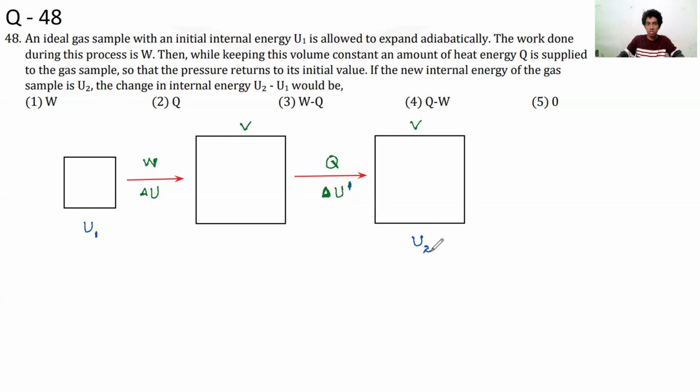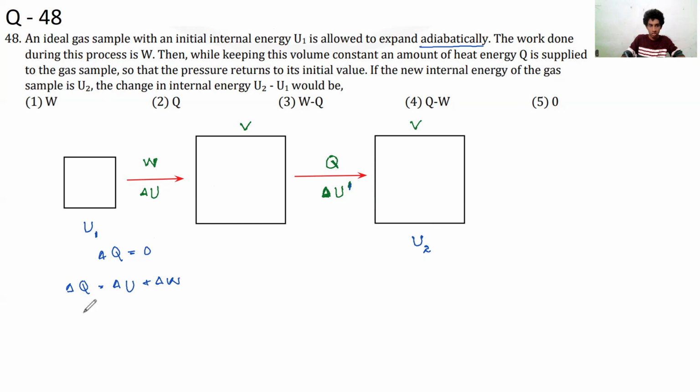So now let's consider the first process. In the first process, they have mentioned that the ideal gas sample is allowed to expand adiabatically. In an adiabatic process, there is no heat exchange with the surroundings. So therefore, delta Q is 0 in an adiabatic process. So now let's apply delta Q is equal to delta U plus delta W for the first process.